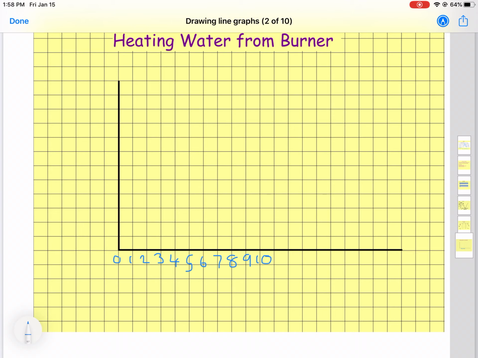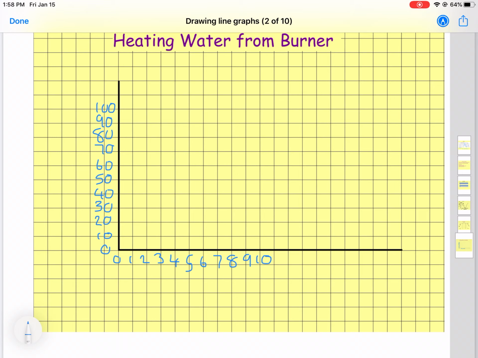As you can see with the previous table, I've got no 5s, 6s, 7s or anything like that. So going up in tens makes the most sense, especially because I have to go all the way up to 100. So 10, 20, 30, 40, 50, 60. Okay, so I can squeeze those in. Again, the reason it's a bit squashed is because I'm doing it on the tablet rather than on the board.